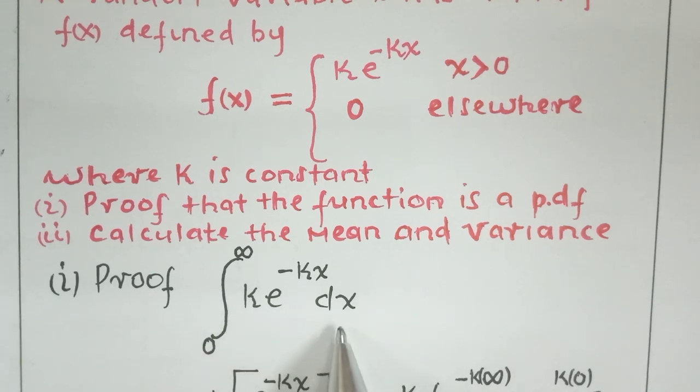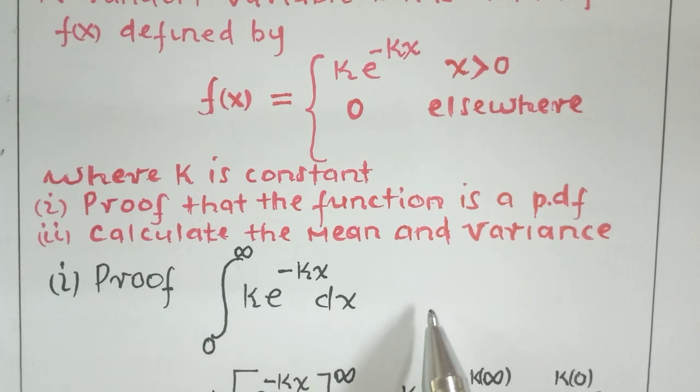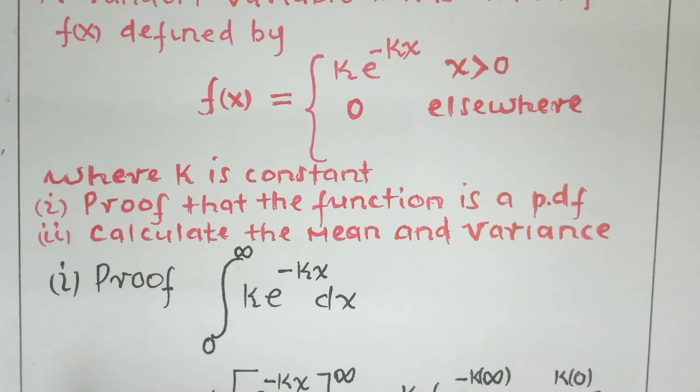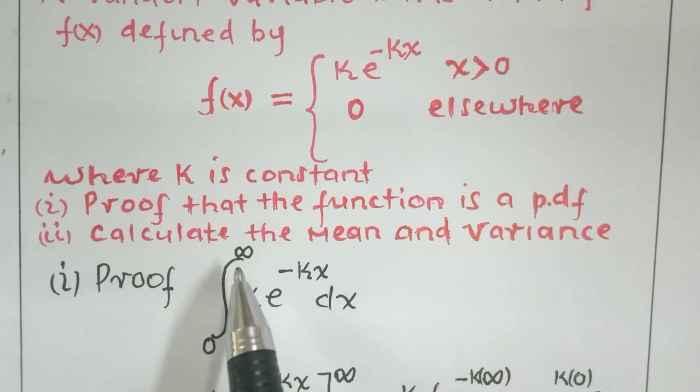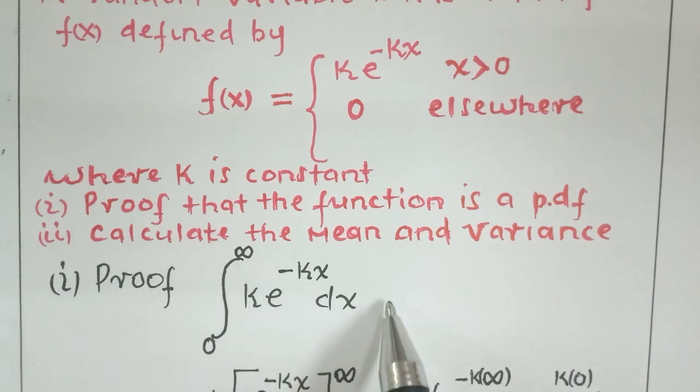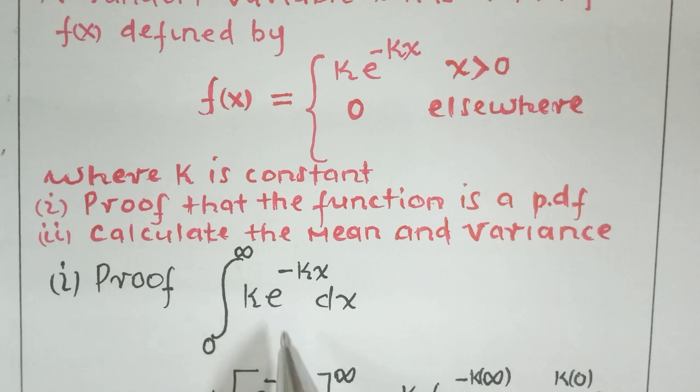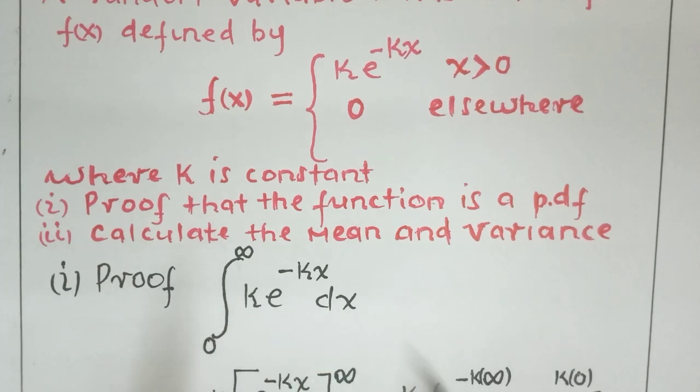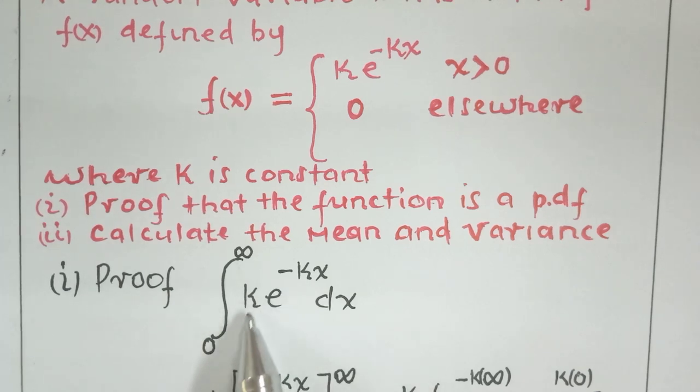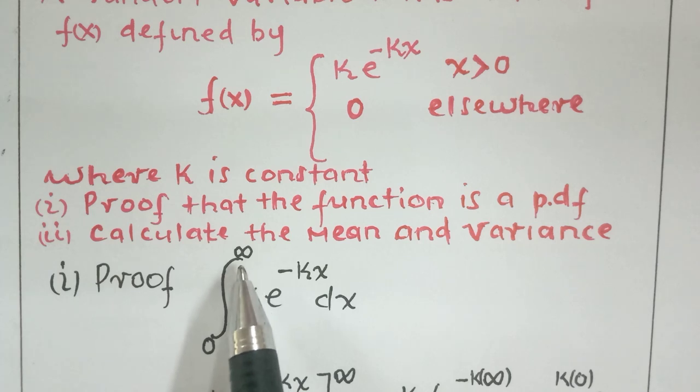So when we do this one, it should equal unity. That means it is a PDF if we integrate from 0 to infinity and we get our answer as 1, because remember that for a PDF, the summation of all the probabilities should give us 1. And that's what we do now, guys. We integrate this one from 0 to infinity.